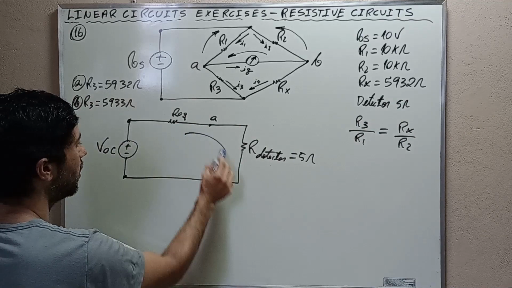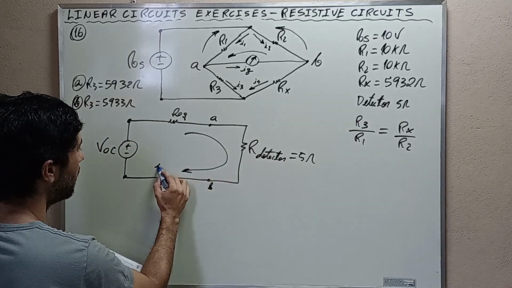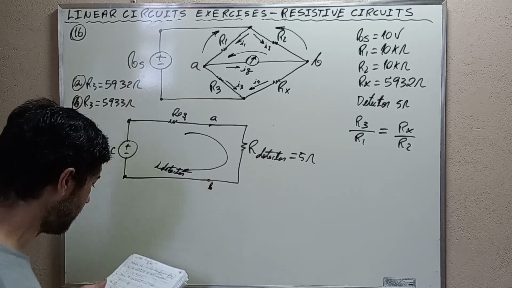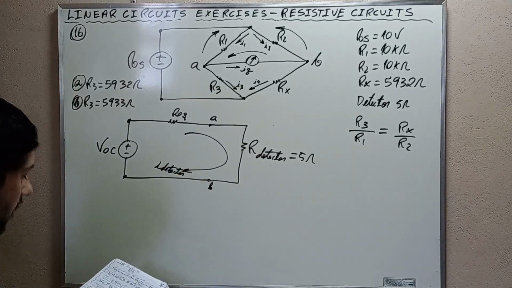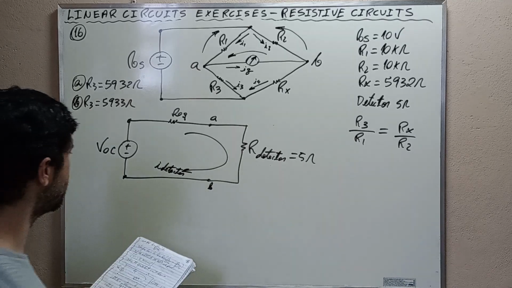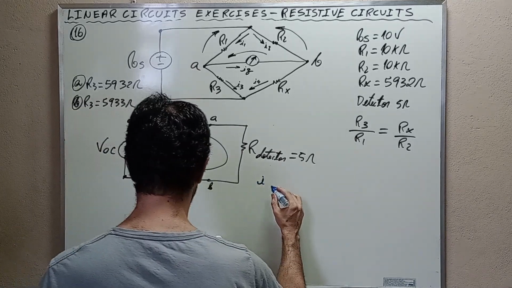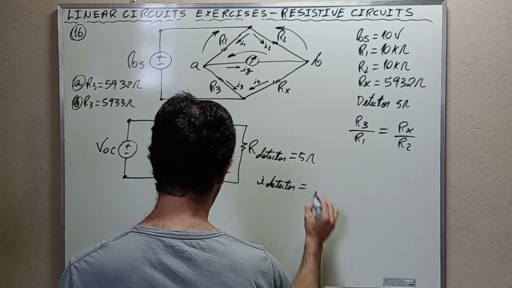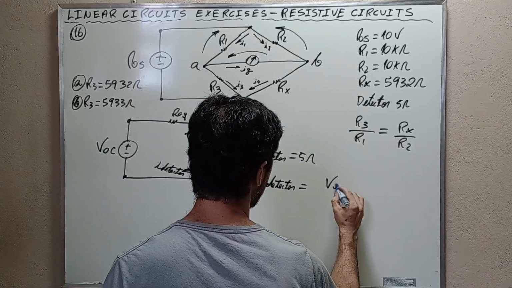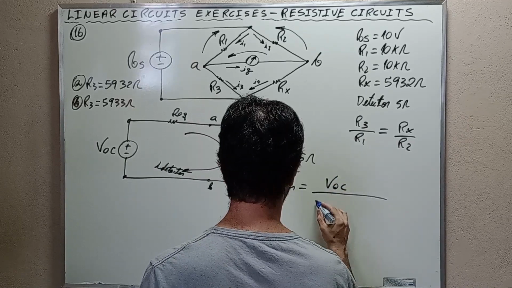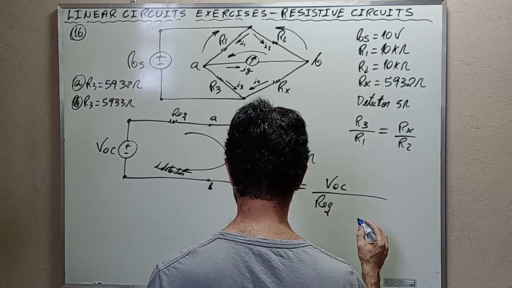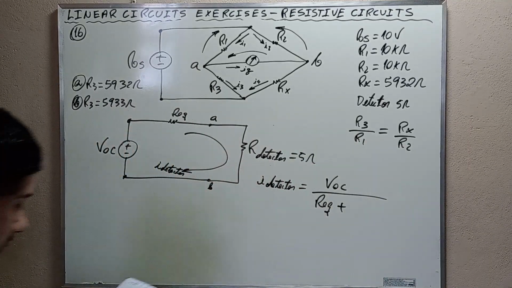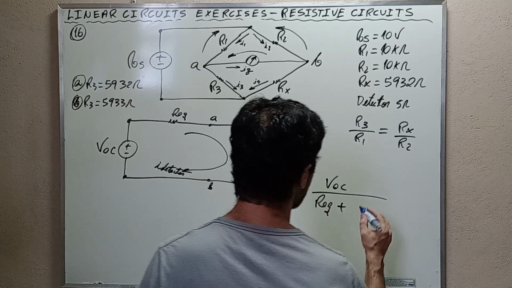And the current of the detector, I detector. To calculate the current of the detector, we can simply do this. The current of the detector is going to be VOC divided by the equivalent resistance that we calculated for the Thevenin equivalent circuit plus the resistance of the detector.